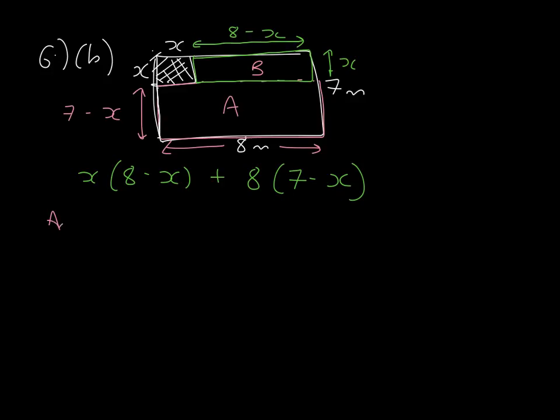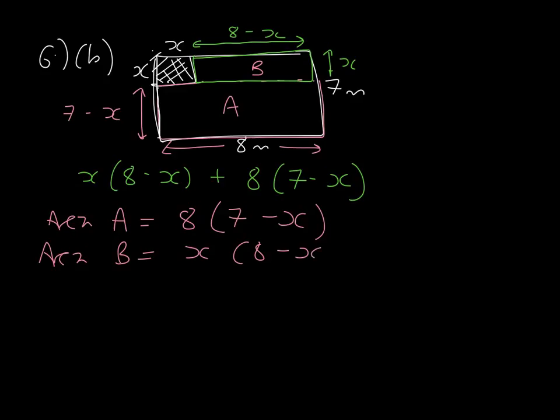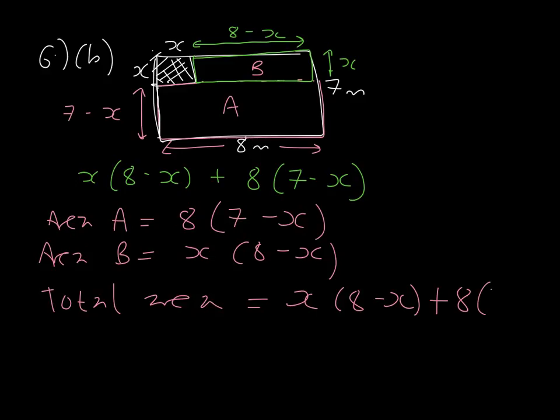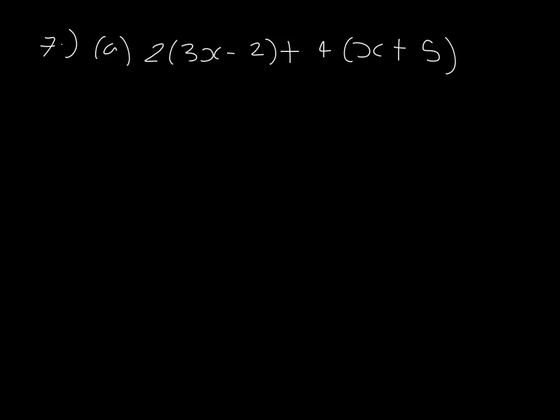So area A is equal to 8 multiplied by 7 take away x, and area B is equal to x multiplied by 8 take away x. So the total area, unshaded, is x multiplied by 8 take away x plus 8 multiplied by 7 take away x, i.e. area A plus area B.